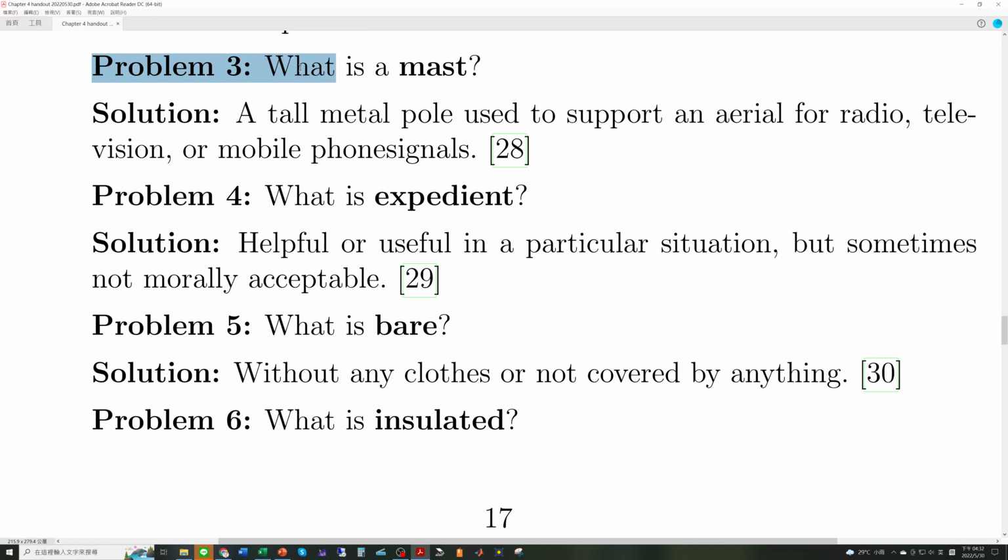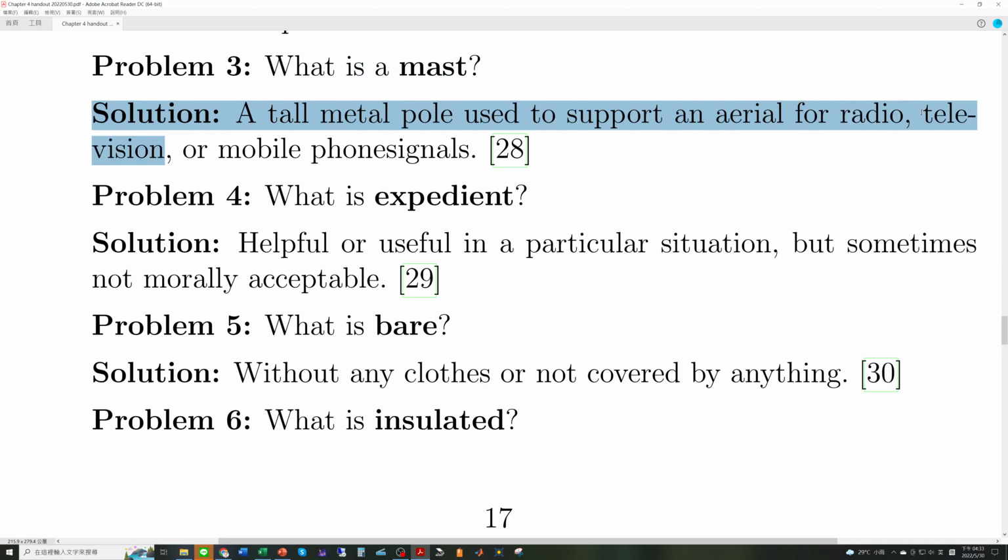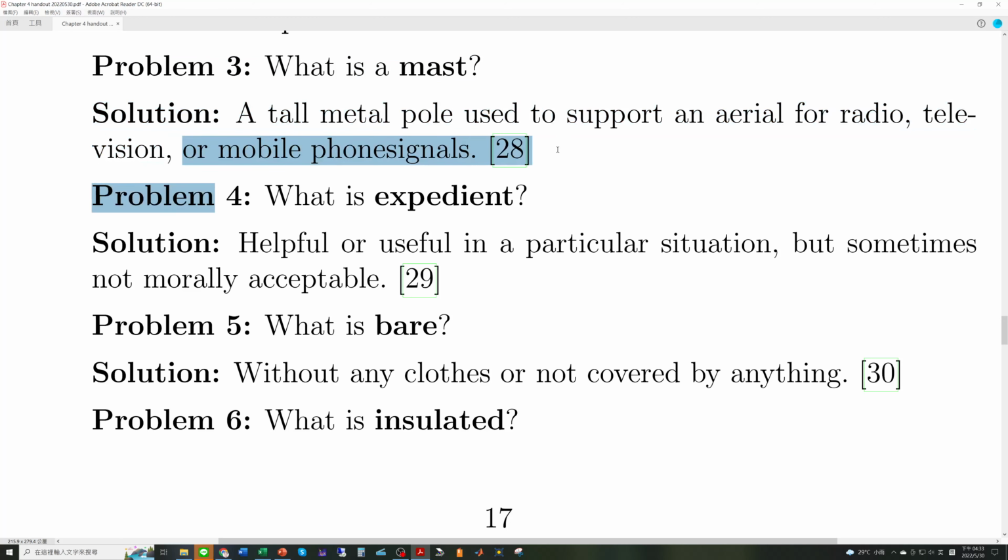So problem 3, what is a mast? Solution. A tall metal pole used to support an aerial for radio, television, or mobile phone signals. Problem 4, what is expedient? Solution.